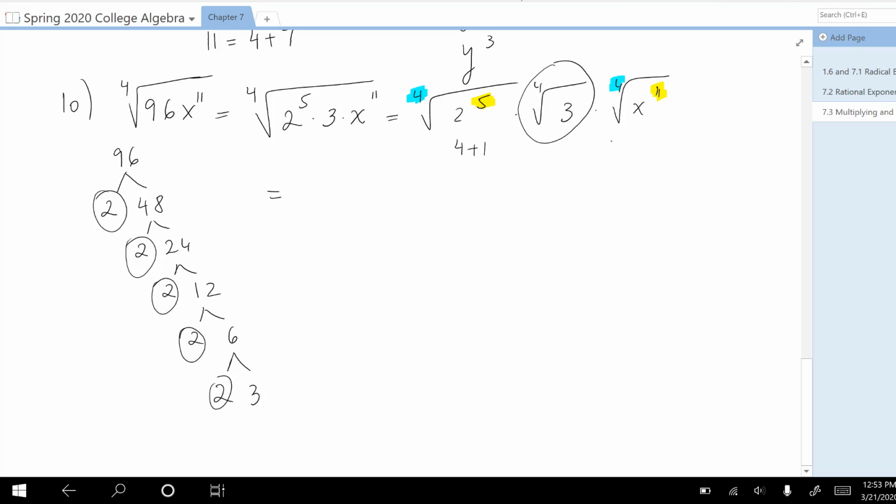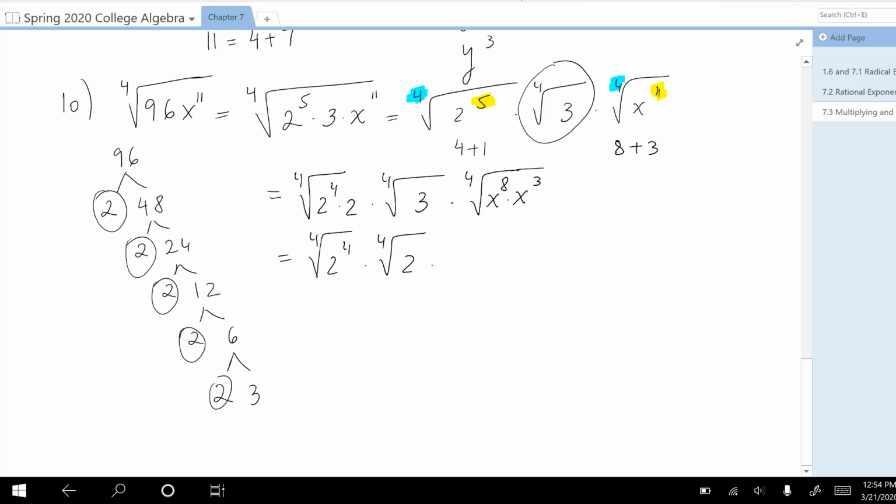So basically I'm going to write 11 as 8 plus 3. So we're going to get 4th root of 2 to the 4th times 2 times 4th root of 3 times 4th root of x to the 8 times x to the 3rd. So 4th root of 2 to the 4th times 4th root of 2 times 4th root of 3 times 4th root of x to the 8 times 4th root of x to the 3rd.